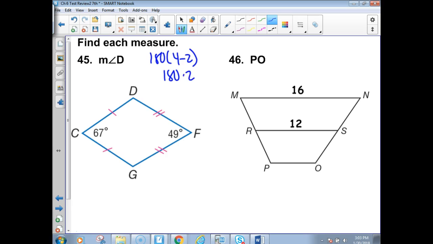That's 180 times 2, which is 360 degrees. Now, in this shape, which is actually a kite by consecutive sides are congruent, angle D and angle G are congruent to each other. So if we got a total of 360, we need to subtract out 67 and 49 from that, which is 200 and what?